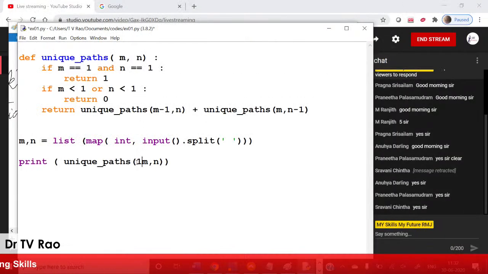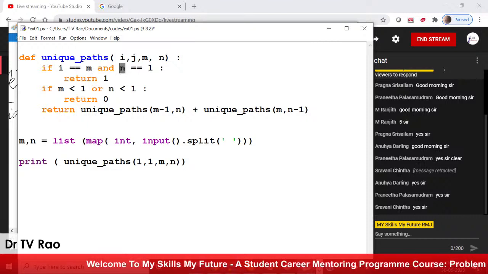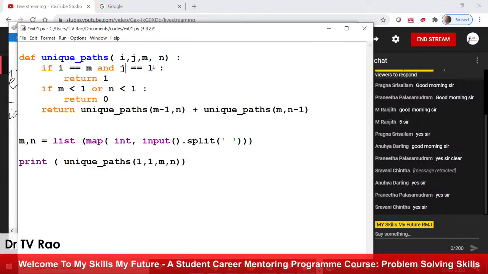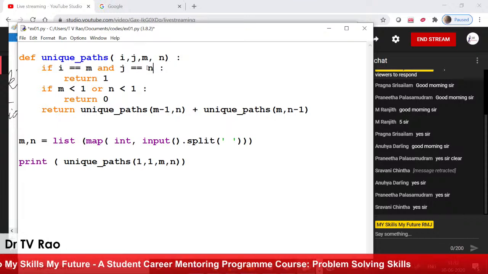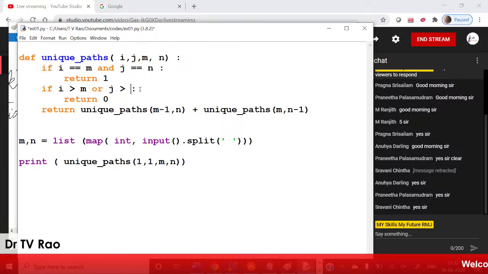Suppose you start from 1 comma 1 and finally you reach M, N. I repeat, if I equal to M and J equal to N, you reach destination. I should not be more than M. J should not be more than N.